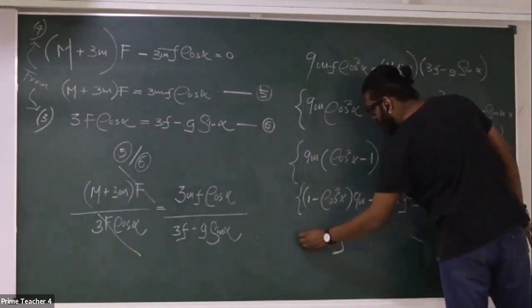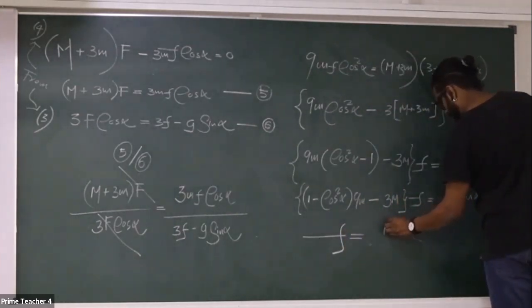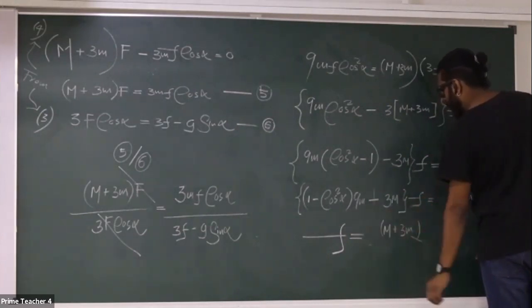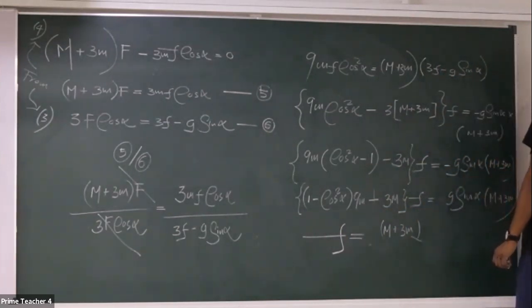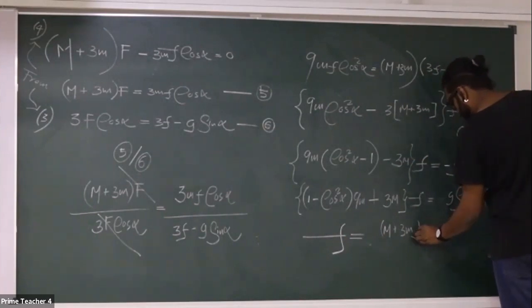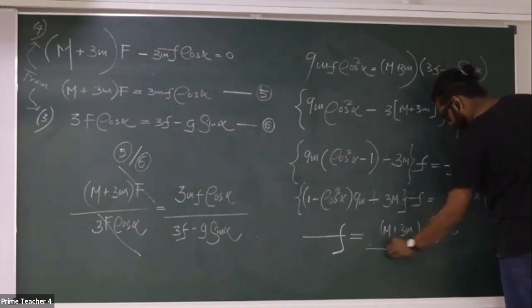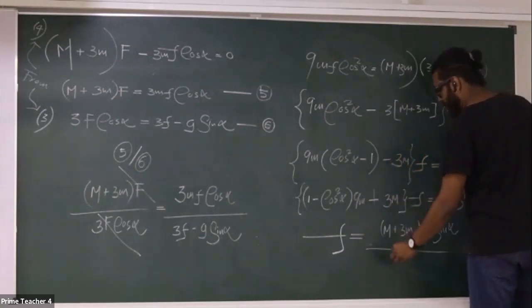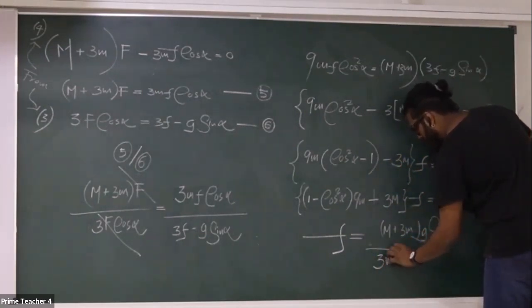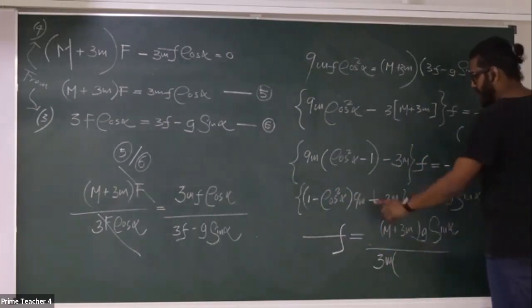So finally you get f is equal to, sorry, it will be positive. Now we can take 3m out. This is 1 minus cos square, sin square. And 3 is already out.